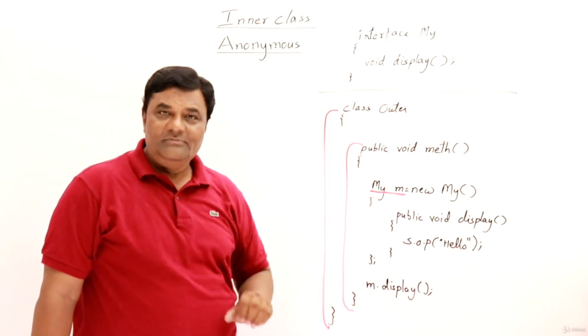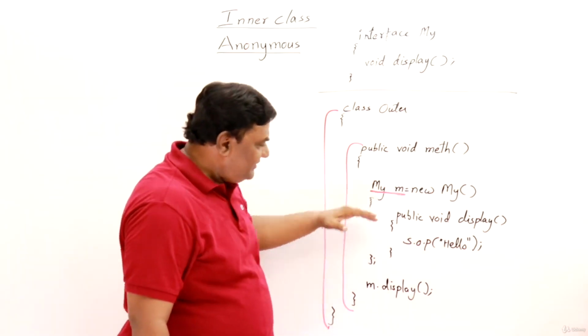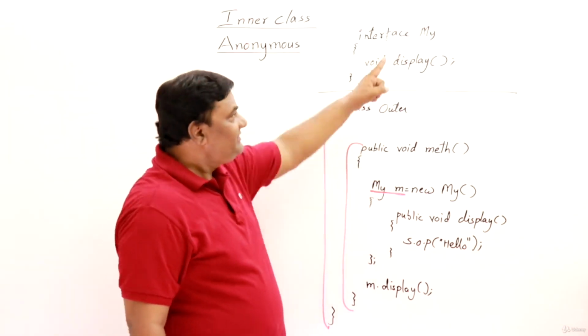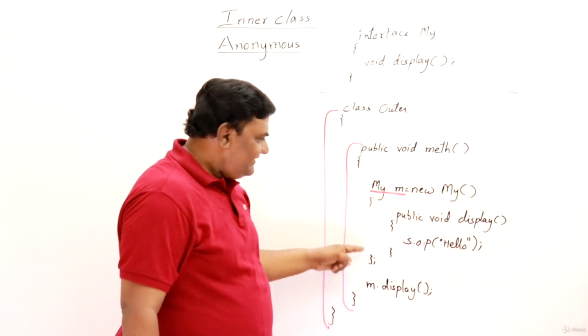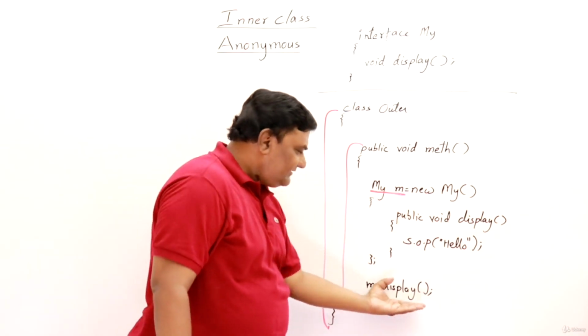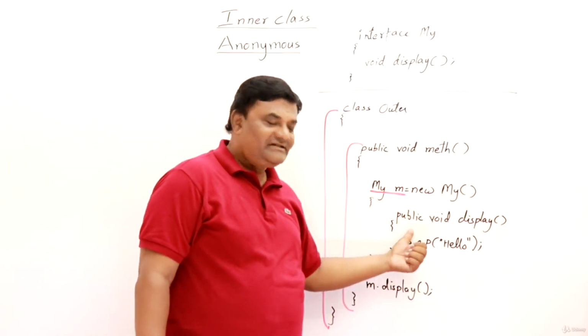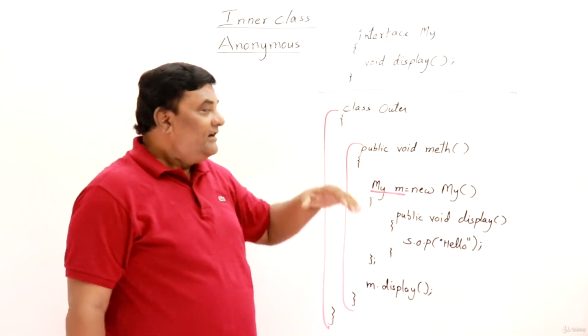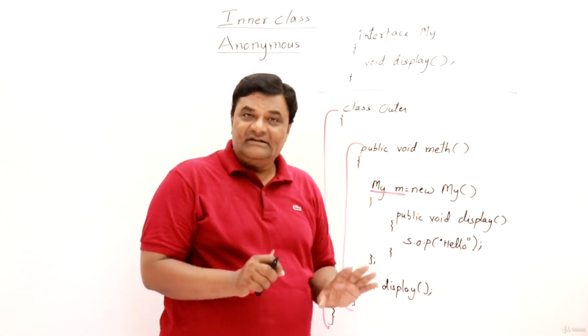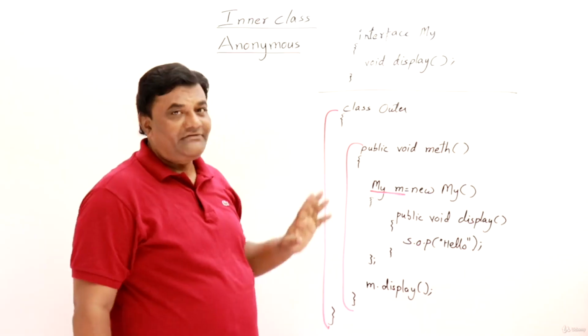I am not creating an object. I am defining an anonymous class here. So I am using the same interface name here as the constructor name, and inside here I am defining the class. Now this is the method called for this display. So this display will be called. So I am actually indirectly defining some anonymous class which is implementing that interface.